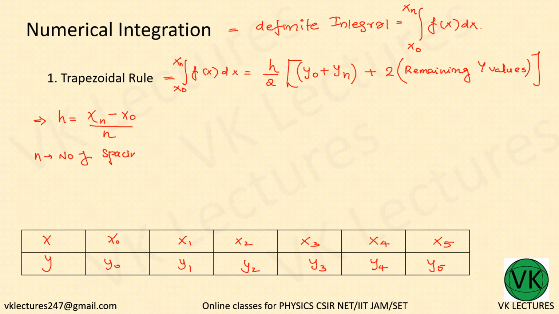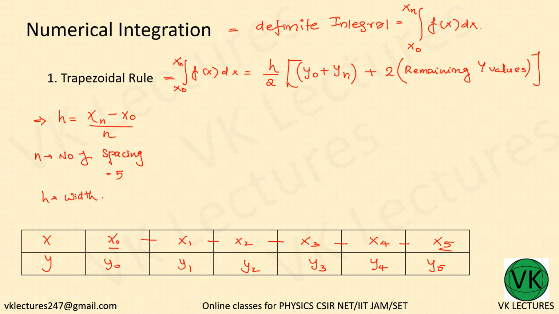Here the number of spacing is 1, 2, 3, 4 and 5. So the number of spacing equals 5. xn is the last value, x0 is the first value, divided by n is the spacing. So h is nothing but the width.